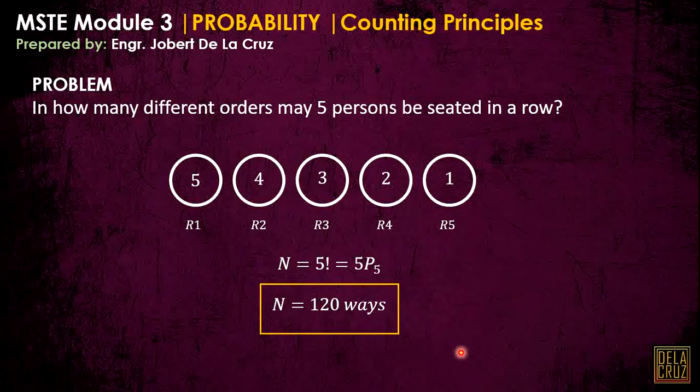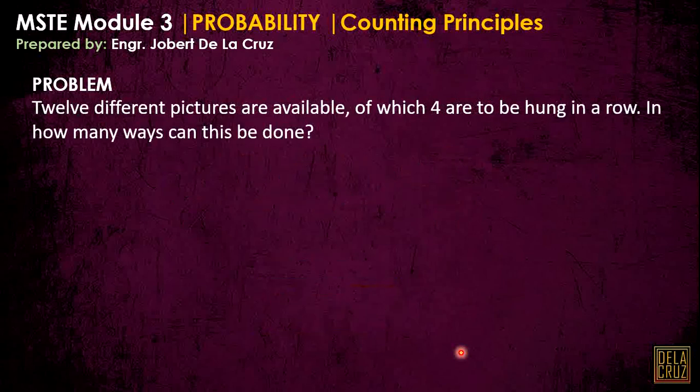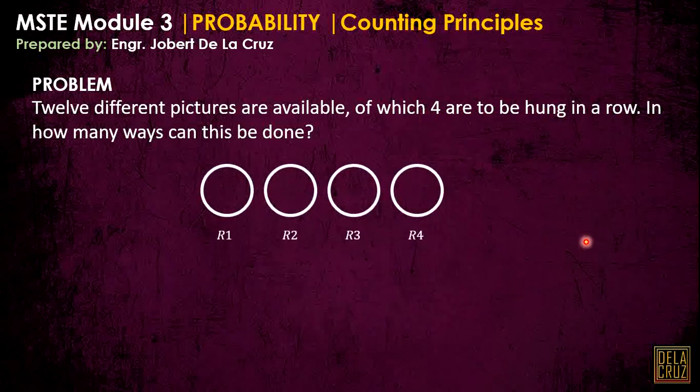Okay? Another example pa. 12 different pictures are available, of which 4 are to be hung in a row. In how many ways can this be done? Again, ano yung pagpipilian natin? 12 different pictures. Then, yung sample spaces natin is 4 are to be hung in a row. So, dapat 4 yung row natin dyan. Okay?